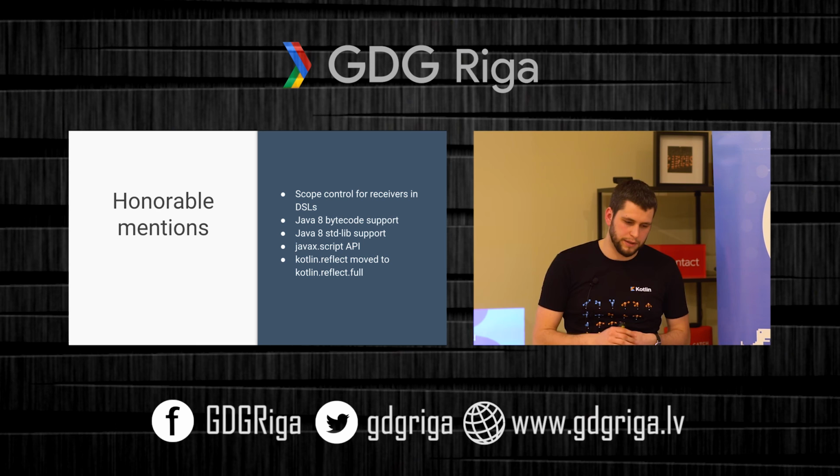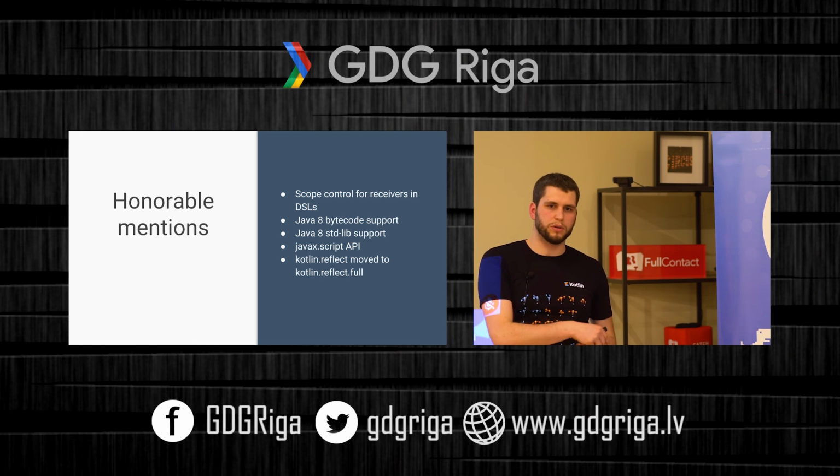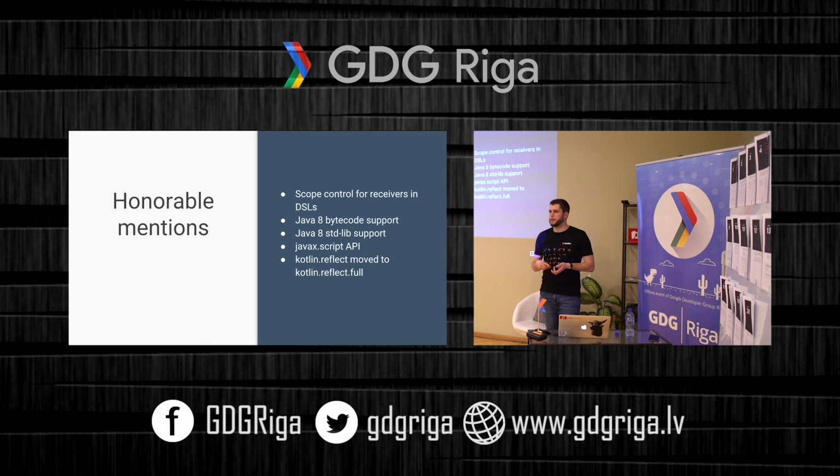So something like that. They have also added Java 8 standard library support into Kotlin. So the new time API and stream API and whatever else there is, that is also available in Kotlin. They have added the javax script engine.